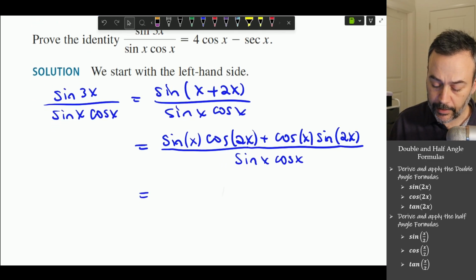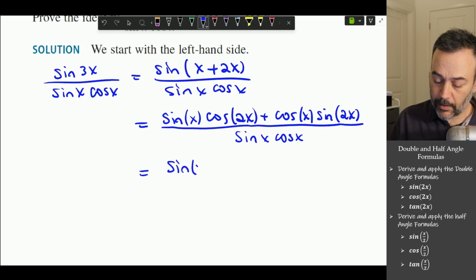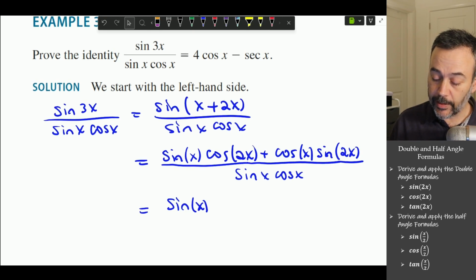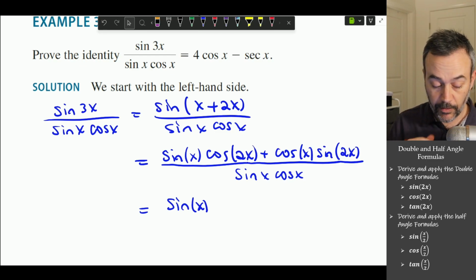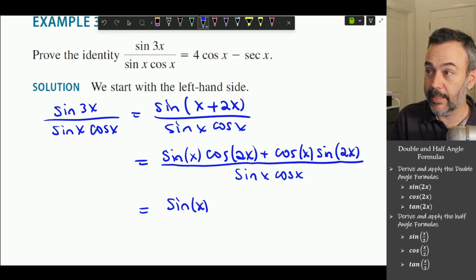And let's see, so I can rewrite cosine 2x. Here's where it's not totally obvious what you should do, but with a little trial and error, you can figure this out. We need to get rid of cosine 2x, and we need to make it like this right-hand side.